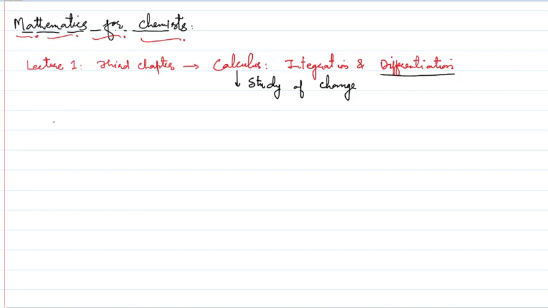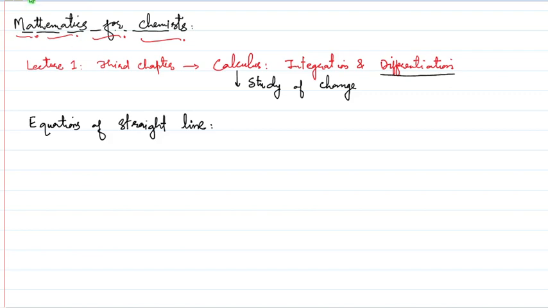Before that, we will first try to learn the equations of a straight line, because this is very important from the experimental point of view, as you will be doing various experiments in your labs.